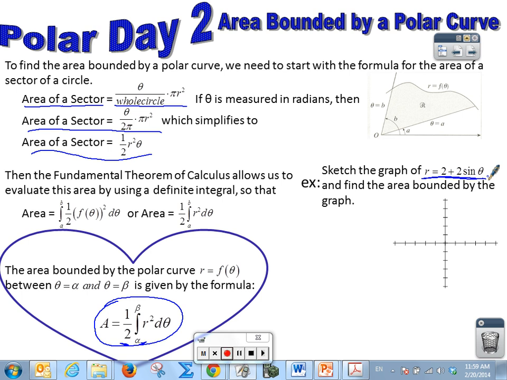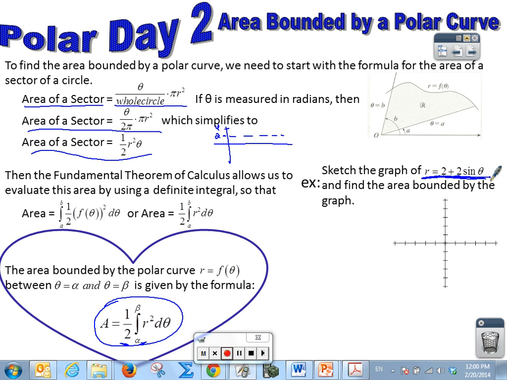So let's take a look at this graph. This is similar to the one that we graphed a few days ago, this 2 plus 2 sine theta. And just like I was talking to y'all before, I would do a Cartesian graph and use that as my t-chart. So let's see, the amplitude is 2 and it's shifted up 2. So our axis would be here at 2.